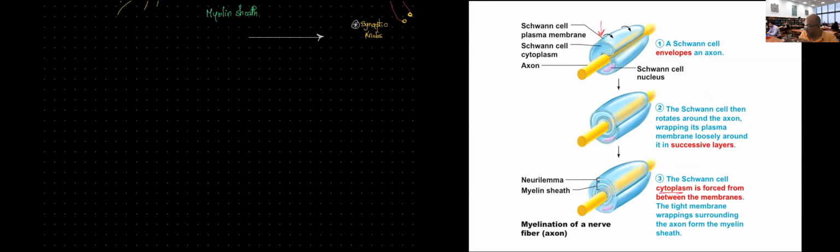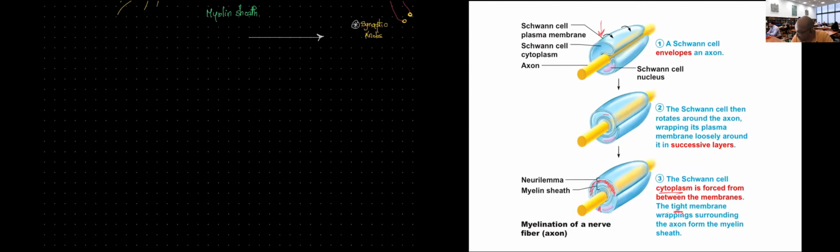So the cytoplasm is going to be moving, and the membranes here will become tighter wrappings around the axon. This forced cytoplasm is what we call the neurilemma. So you see here, I will be squeezing out the cytoplasm to the outside. So this part is filled with cytoplasm.